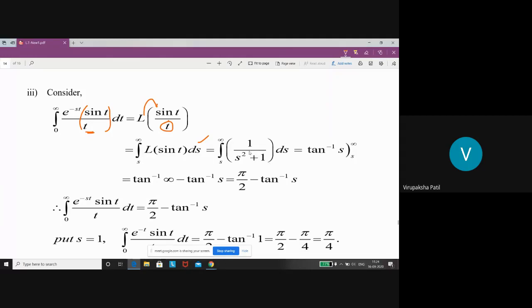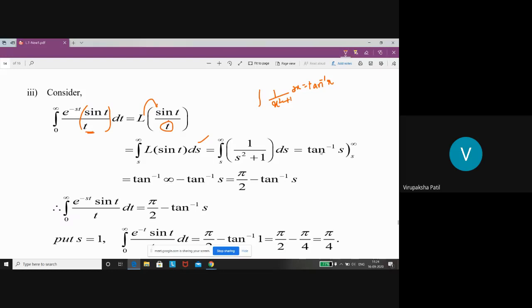Now what is the integration of 1 divided by (1 plus x square) dx? Can anybody tell me? Log of x? Tan inverse. Okay, tan inverse x.